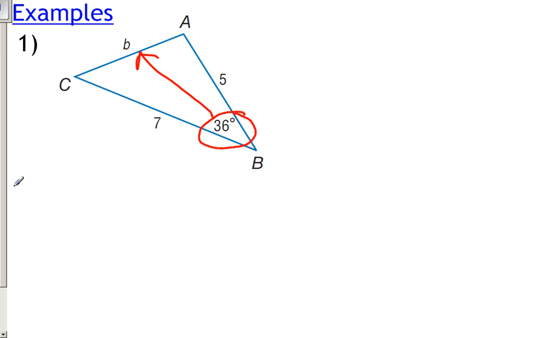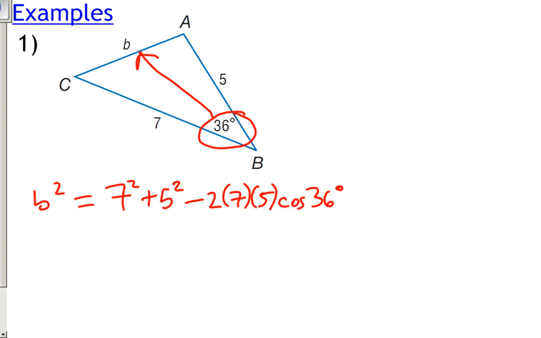So here's how this starts. This starts b squared equals, and then the other two sides squared. So 7 squared plus 5 squared minus 2 times 7 times 5 times cosine of the angle you're working with.